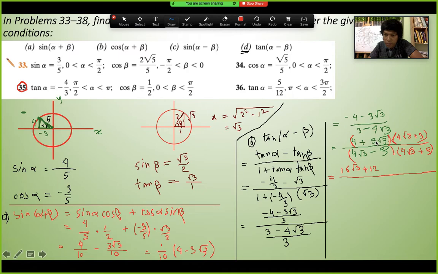So you see, this is 3, this is 4, so 3 into 4 means 12, then root 3 into root 3 means 3, because root 2 into root 2 means 2. So we can write here plus... if I do it in one line, will you understand?